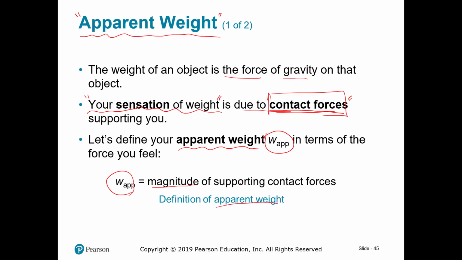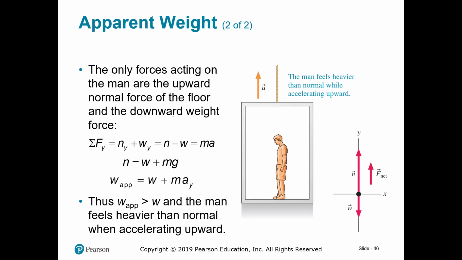Then I will give you an example in the elevator later. For example, assume you are a man inside the elevator on the first floor, and you are going up. Once the elevator starts moving up, how do you feel?